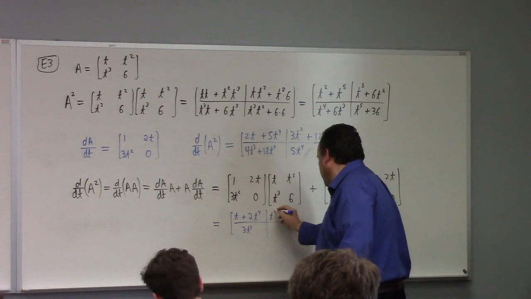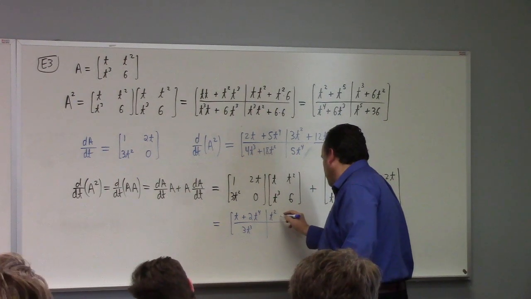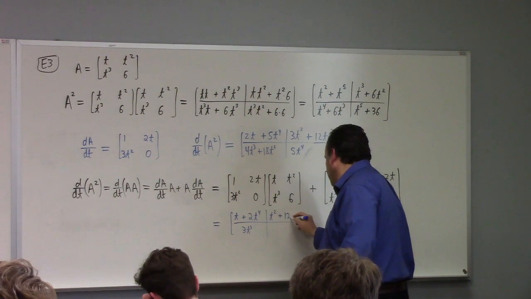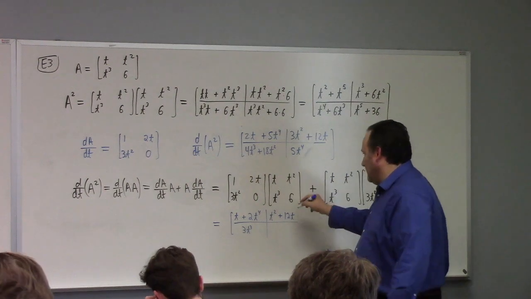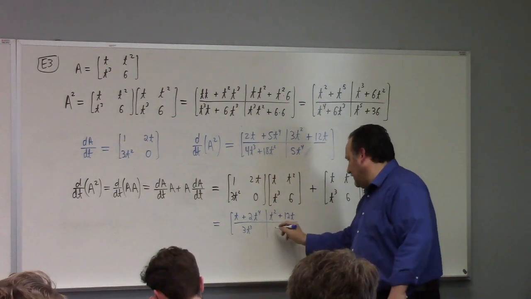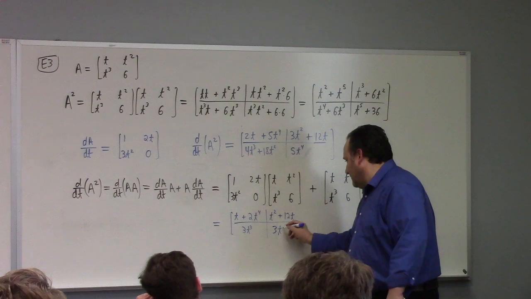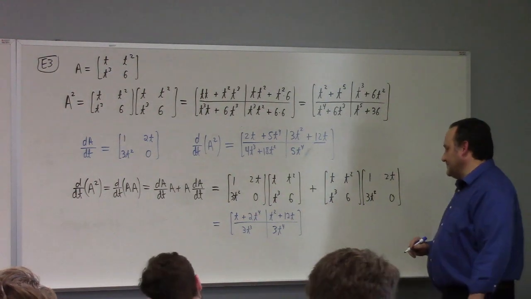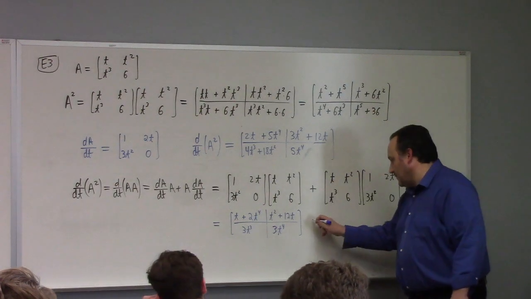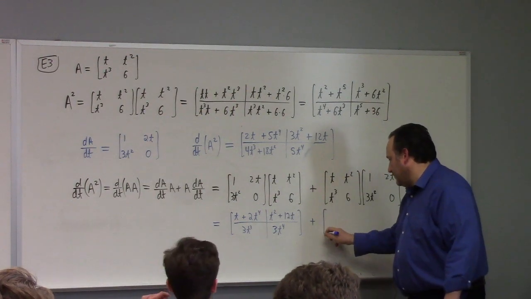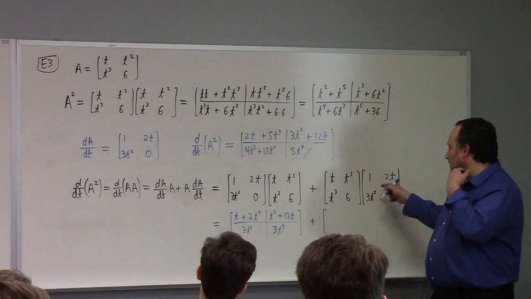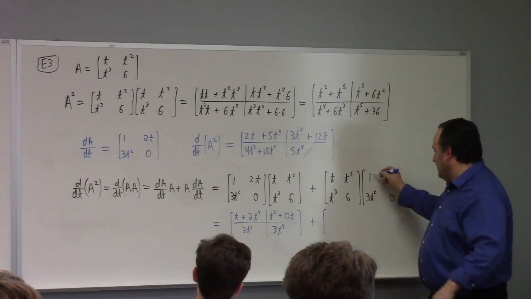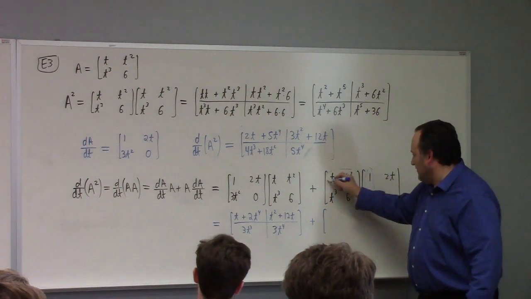I get t squared plus 12t, I believe. I get a 3t to the 4th down here. Let's see, so I do this times that, right?